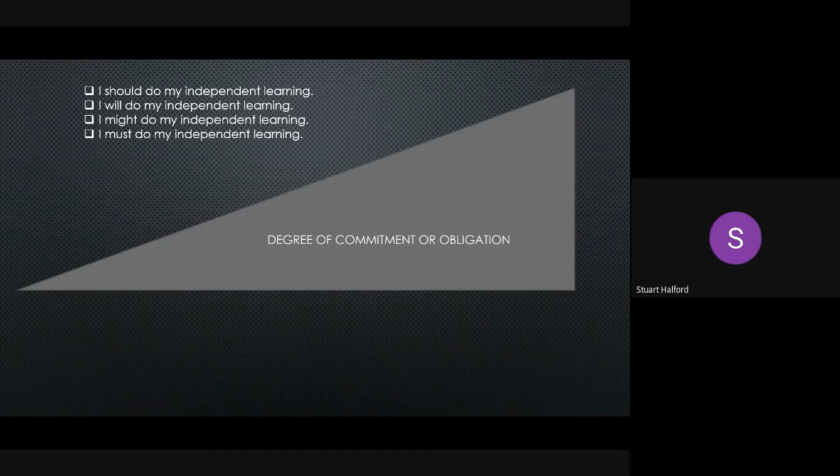Which has the most force, the most degree of obligation? I would argue that I must suggests a very strong degree of obligation, whereas I might suggests less of a commitment or obligation to do it. And you could place should and will somewhere along that slope.